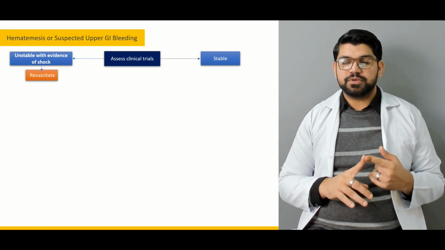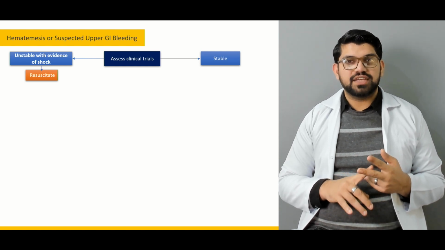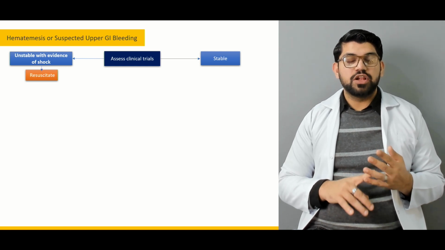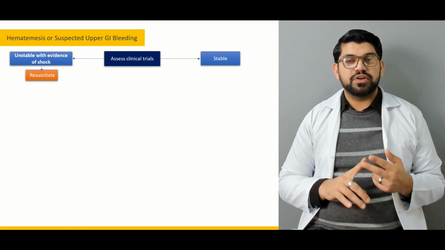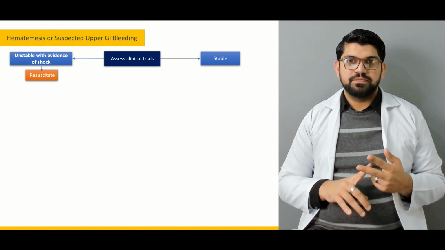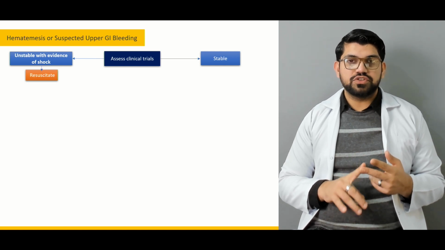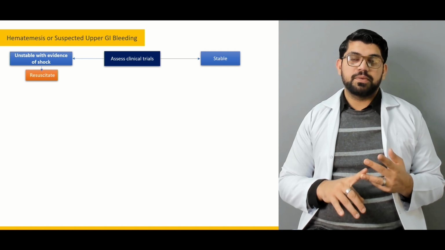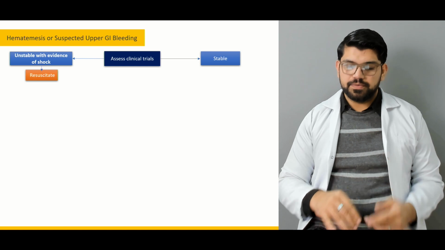Hypotension, systolic blood pressure of less than 80, cold clammy skin, tachycardia, altered mental status with decreased GCS. And how to resuscitate: airway, breathing, and circulation. Large bore cannulas, crystalloid infusion, and blood infusion. These are the very important things to do in a patient who is unstable and presents to you with GI bleed.